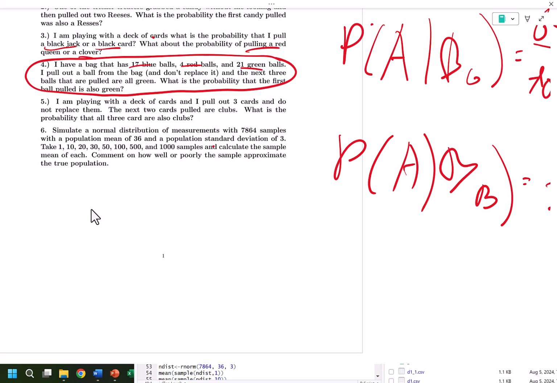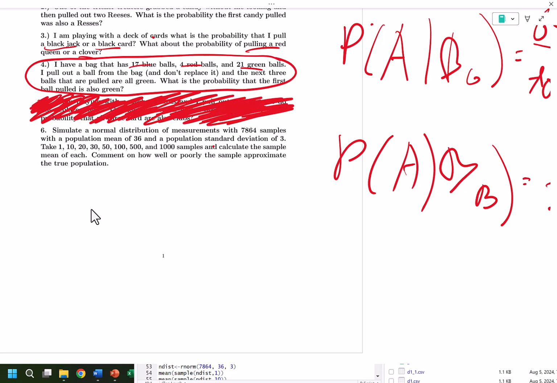I think we may have an issue. Yeah, actually, this is erroneous, or actually, this is not on our problem set. So we will delete that from the problem set. You do not have to do that problem, and that's great.